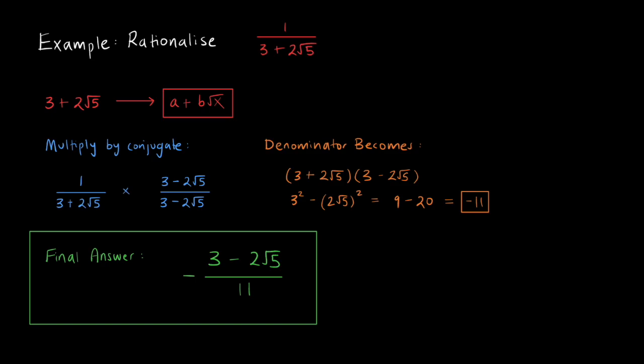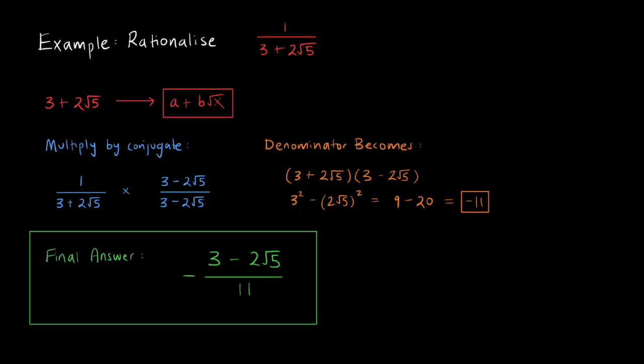We'll take our original expression, 1 over 3 plus 2 square root 5, and multiply both the numerator, or the top, and the denominator, or the bottom, by the conjugate, which in this case is 3 minus 2 times square root 5. So when we multiply the numerator, it is simply that expression, the conjugate, times 1, which is just itself.